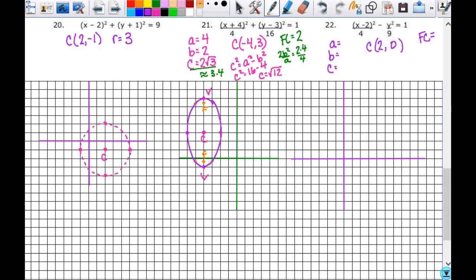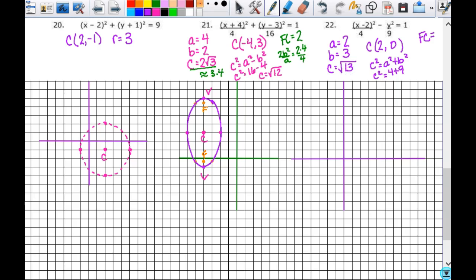Your A on a hyperbola is the first one, not necessarily the bigger one. So A is 2, B is 3. To find C on this one, C squared is equal to A squared plus B squared. So this is 4 plus 9. So C is the square root of 13.